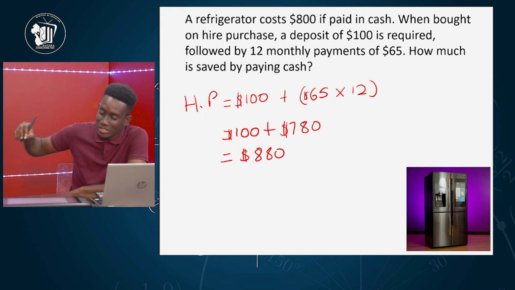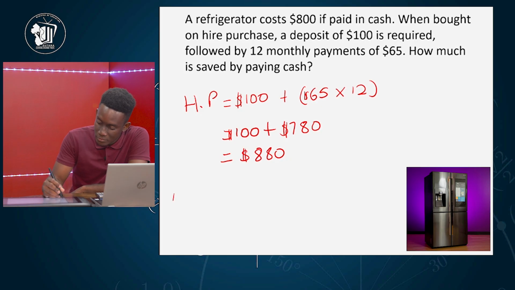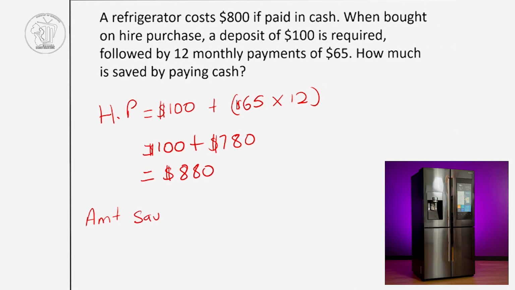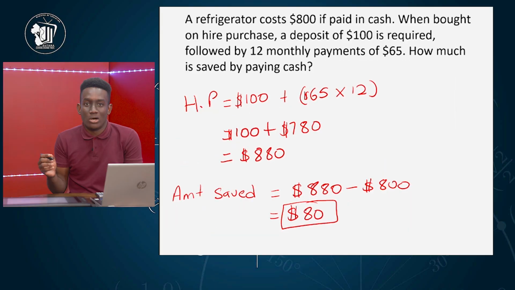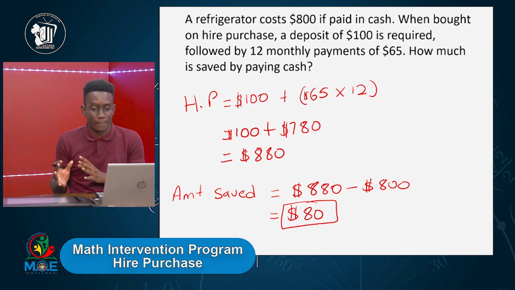To get the amount of money saved by paying cash, the amount saved would be equal to the hire purchase price, which is $880, subtract $800, and this would be $80. So you will save $80 by paying cash for this refrigerator.